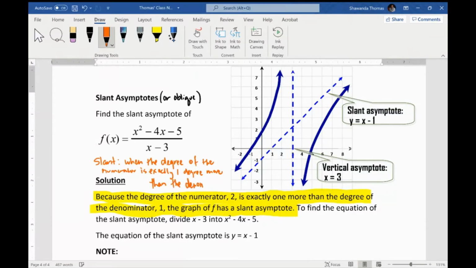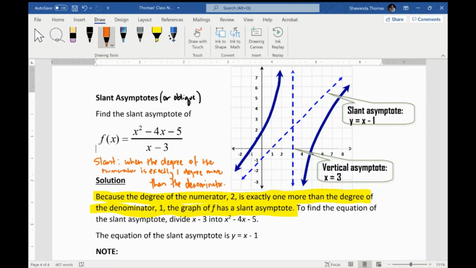What does that tell us about the horizontal asymptote? When the degree of the numerator is higher than the degree of the denominator, what does that tell us about the horizontal asymptote? There isn't going to be one. There's no horizontal asymptote. Very good.